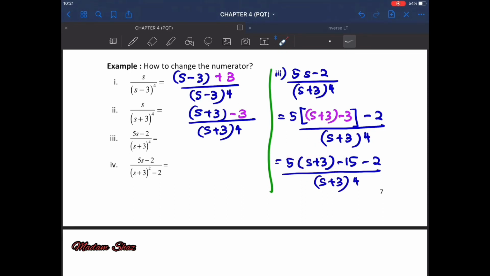Why will we not multiply? Because we want to make the same term s plus 3 at the upper side as the s plus 3 at the bottom side. So we can only simplify the numbers here. Negative 15 minus 2 will become negative 17. Okay, so this is how we can change s at the upper side to make it become the same term as the denominator.